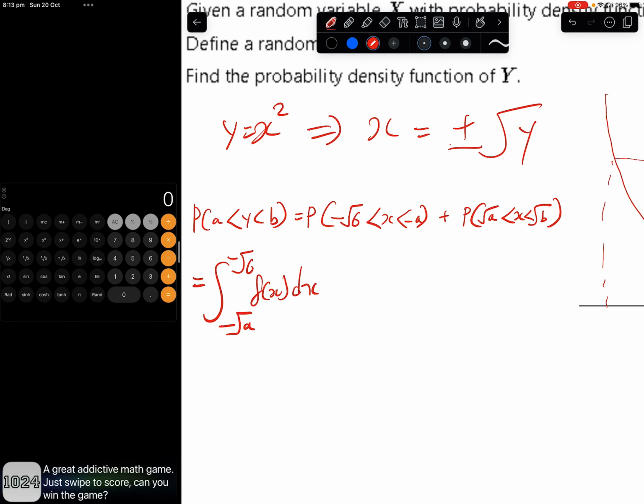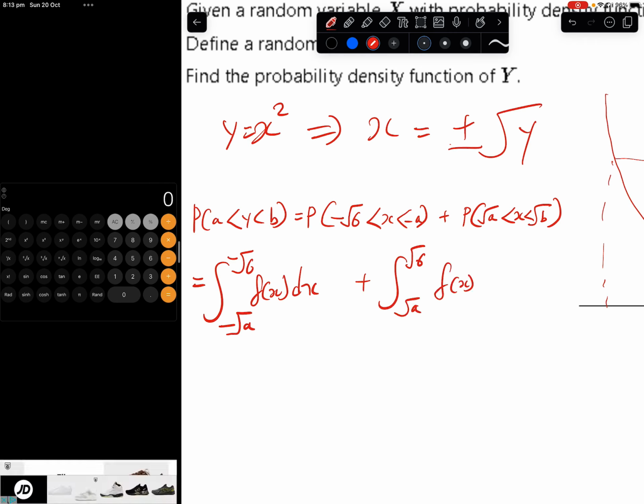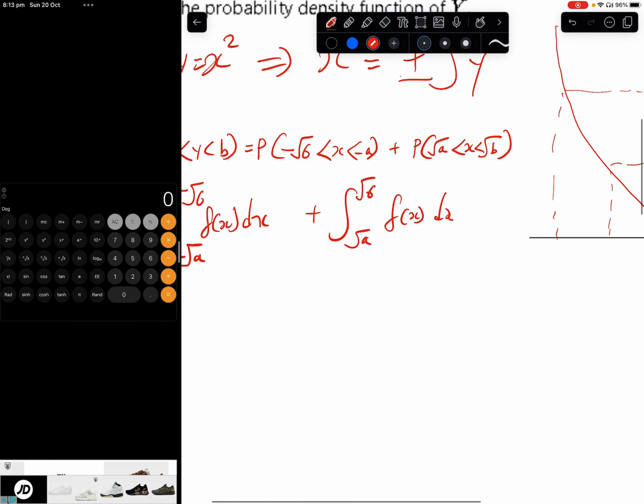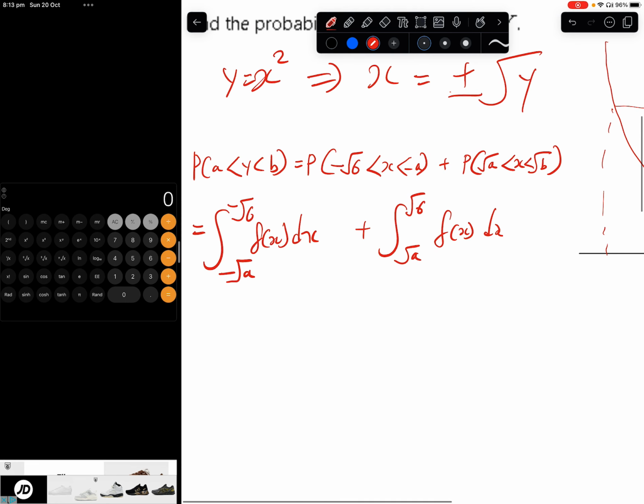So we can substitute the y here, on this side.